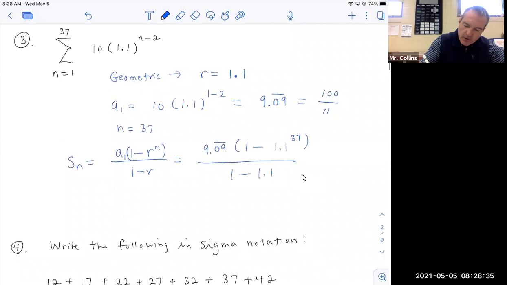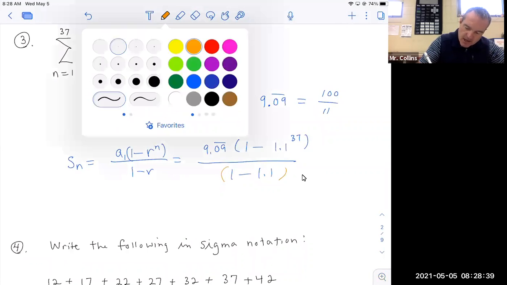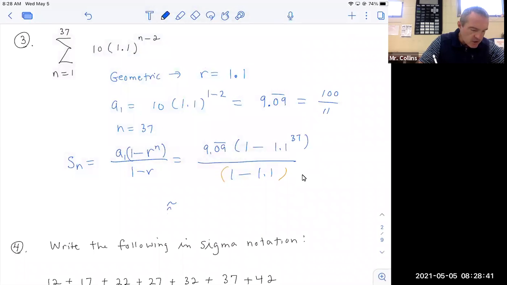Just be careful when you throw this in your calculator. You better group the bottom together for safety's sake. And when you jam that in, you're going to get just over 3,000. It's 3,000.36.